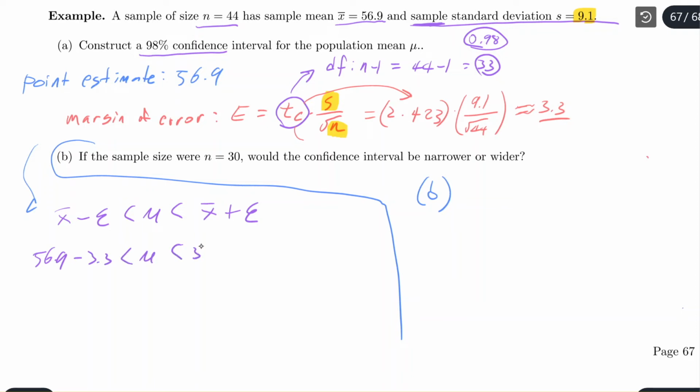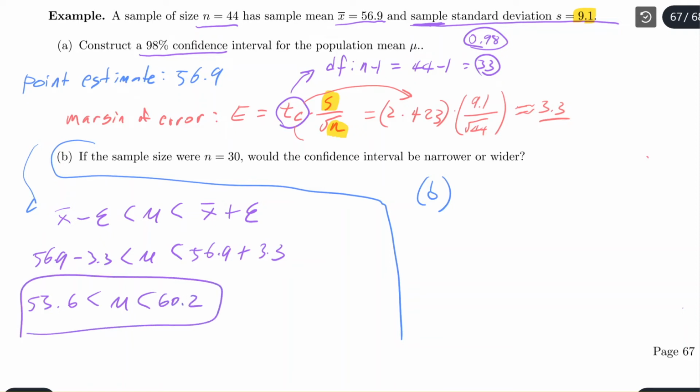This is very similar to what we did previously. The only thing that really changes is the way we calculate the margin of error. So the population mean is between 53.6 and 60.2. So we are 98% confident that the population mean is between 53.6 and 60.2.